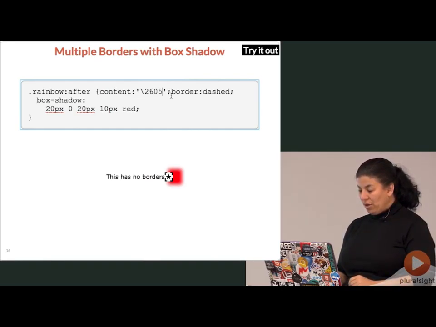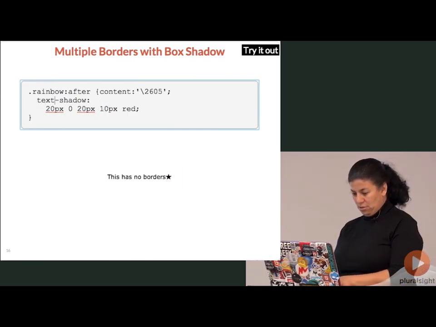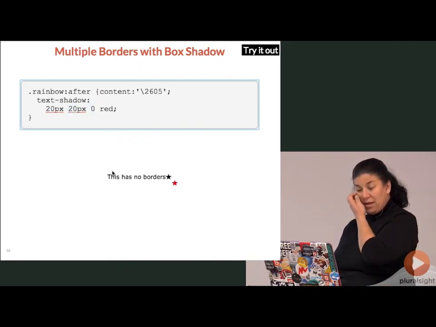So then we can do, get rid of the border. Oh, this would have to be text shadow, actually. Text shadow, we have to get rid of one of these values. Be 20 pixels, 20 pixels, 0. And there, look, I made a star.